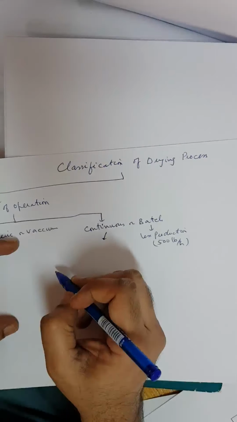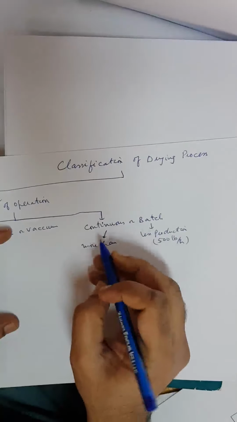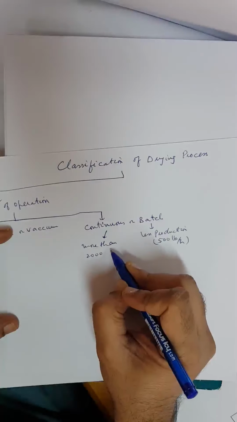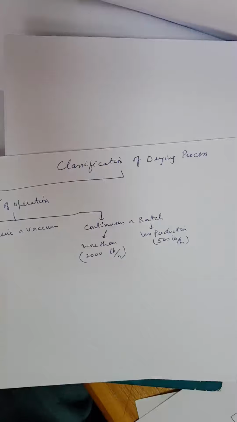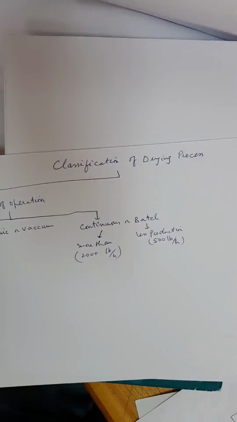In case of continuous it will be more than 22,000 pounds per hour production rate. And of course cost matters, but anyway, so there are two ways for mode of operation.